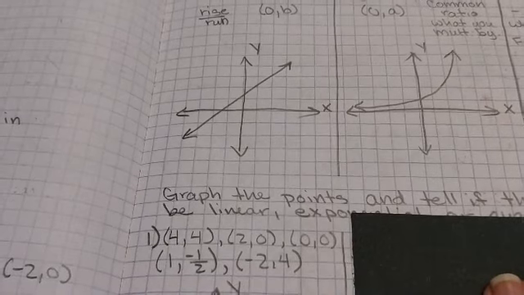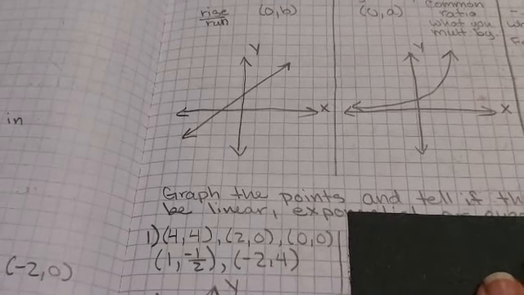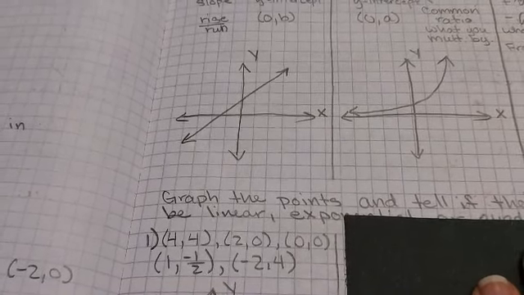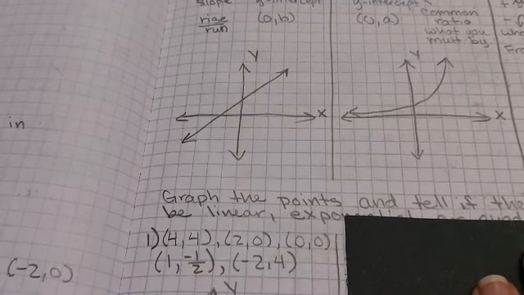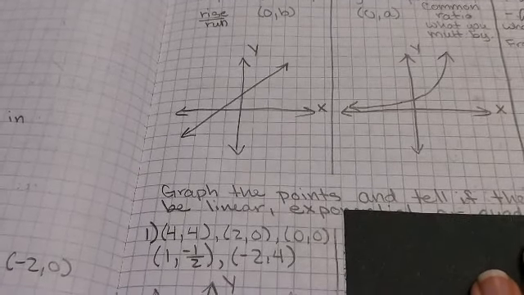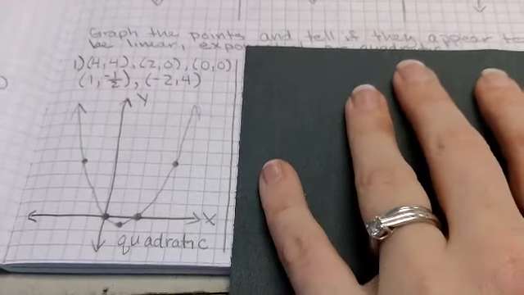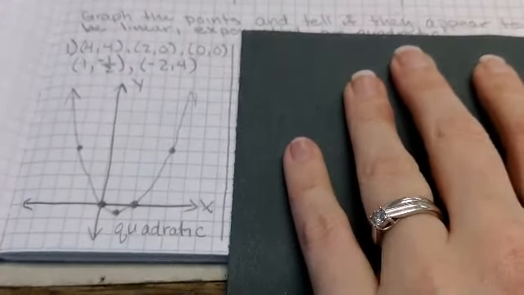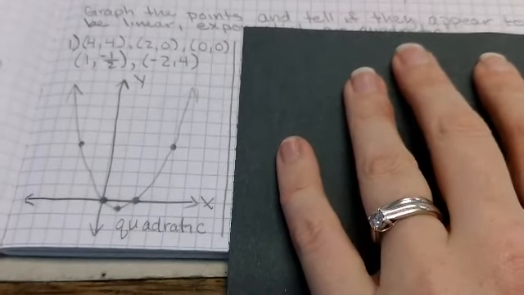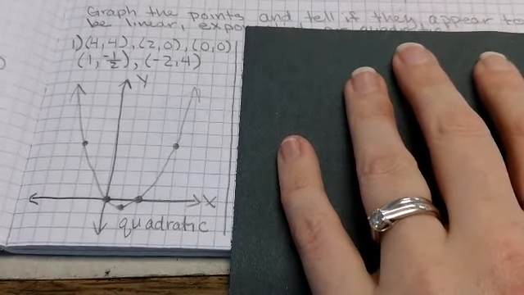Remember, the first number is your x, which is left and right. The second number is your y, which is up and down. So when you go to graph that, you should come up with this. This is a parabola, which means it's going to be a U shape.